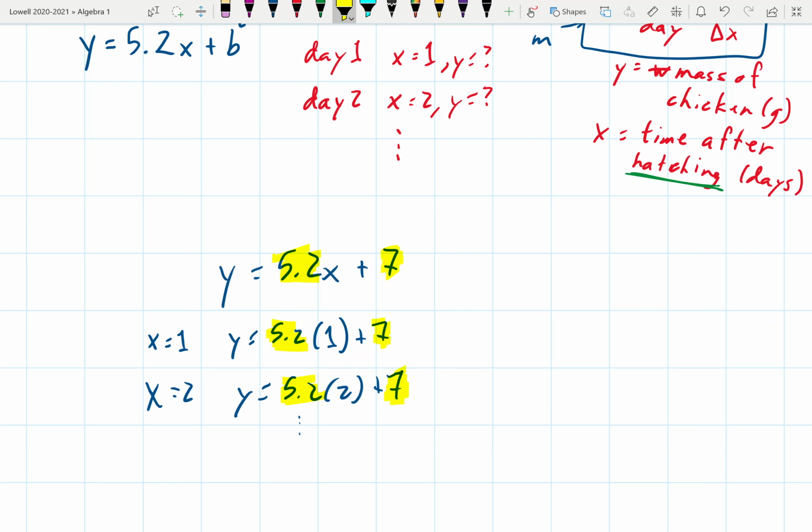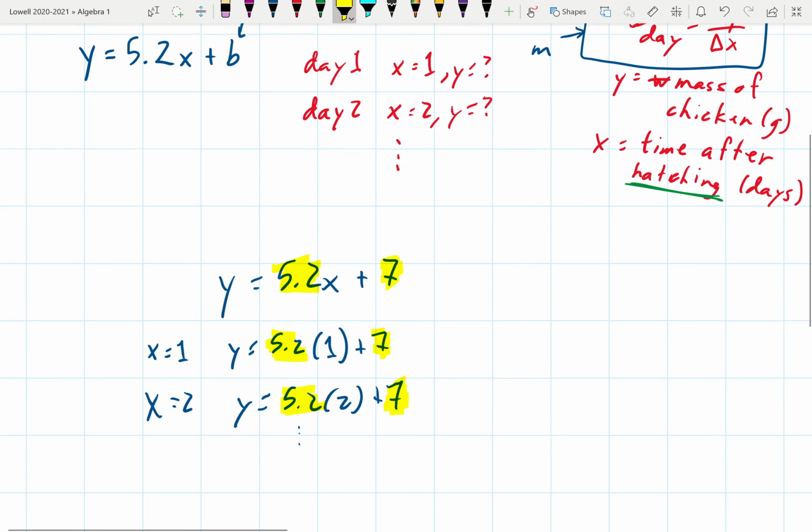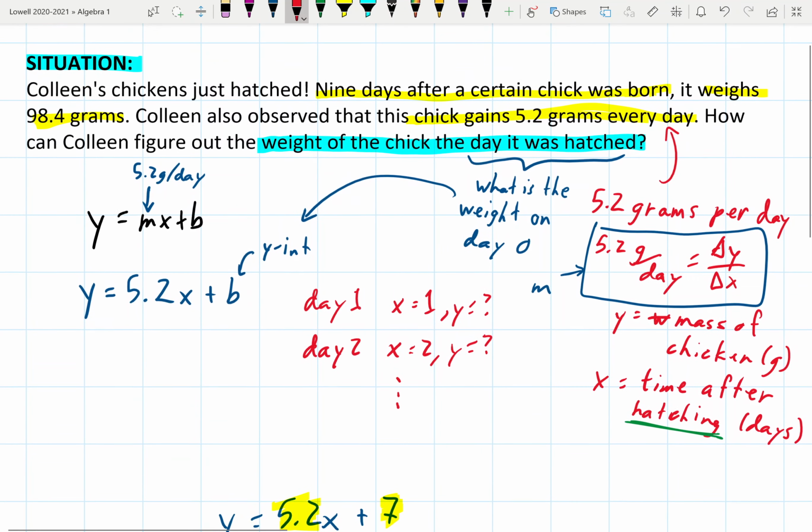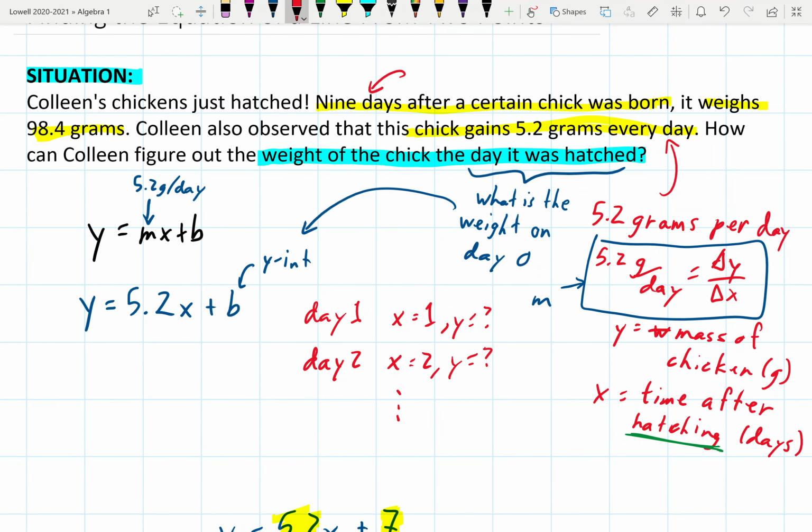And so if I wanted to figure out what that y-intercept actually is, I can just plug in an x and y that I know is on the line. This is where this other piece of information comes in, this first piece. 9 days after the chicken was born, we know it weighs 98.4 grams. 9 days after the chicken was born corresponds to x equals 9.